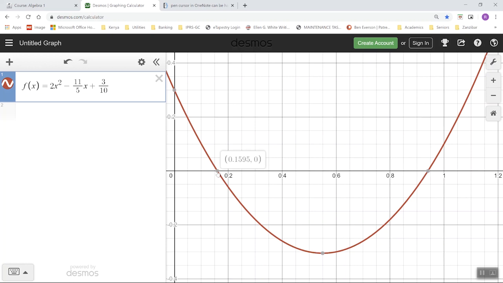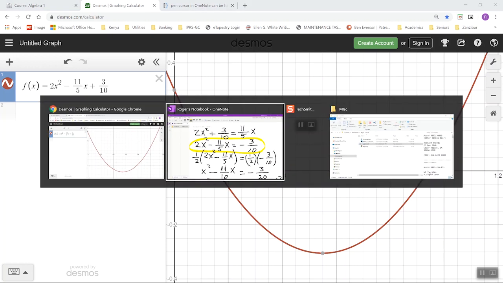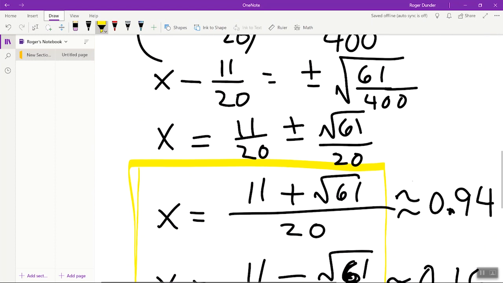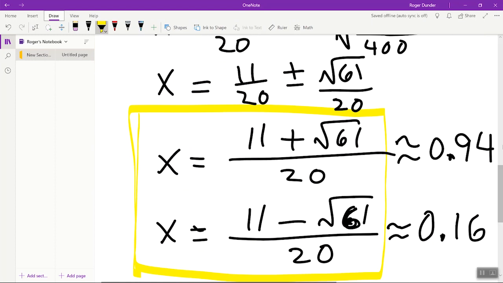You see this? 0.1595 or 0.16. And up here 0.9405 or just 0.94. Does that correspond to what we found mathematically solving? Come over here and we zoom down again and see what were our solutions. We had 0.94 and 0.16. See this right here? Pretty cool.